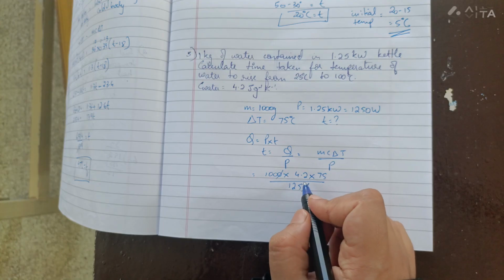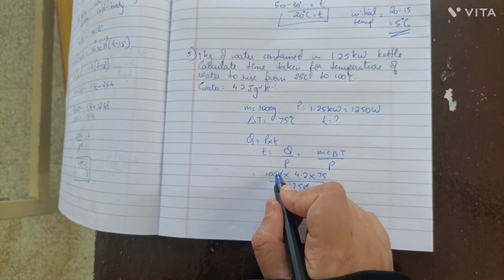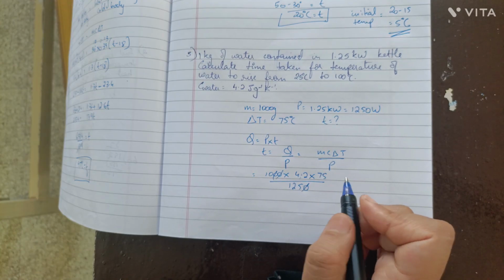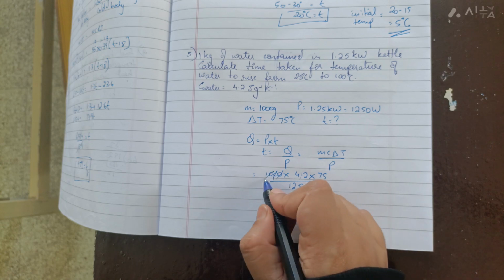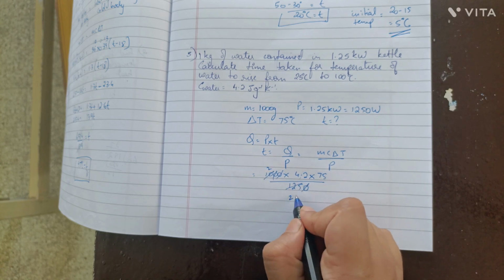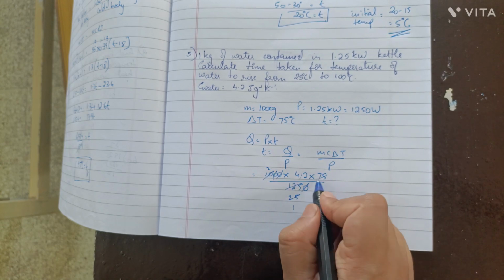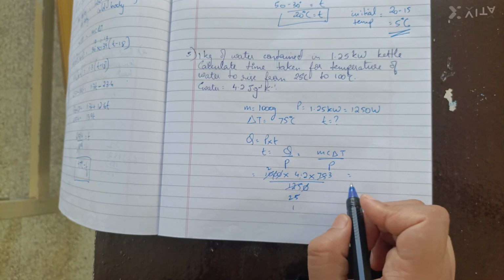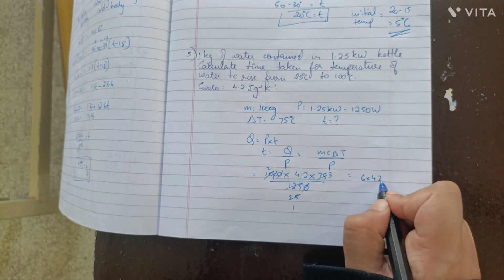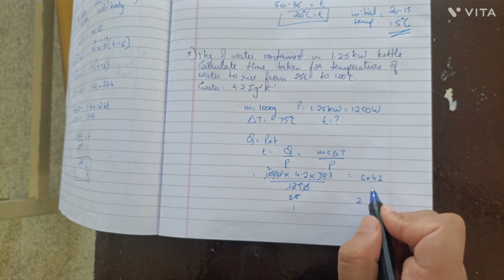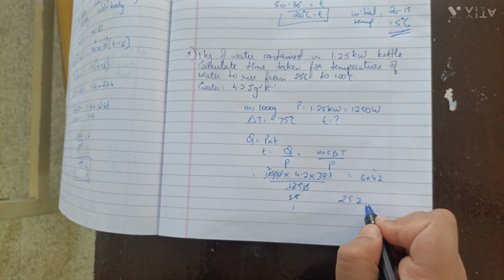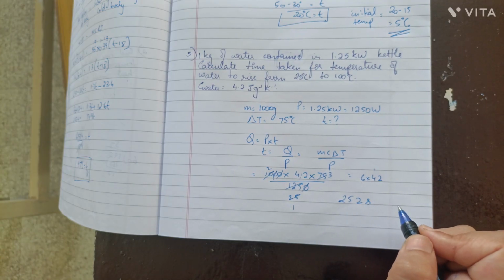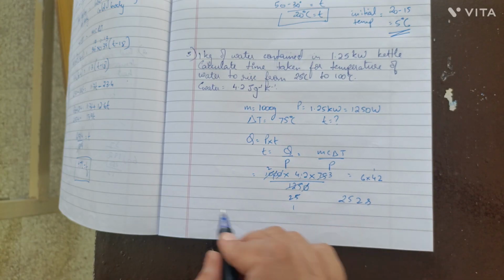So this 0 gets cancelled. The point and this 0 also I can remove. 5 2s are 5, 25 1s are 25, 3s are 6 into 42, 252 seconds.